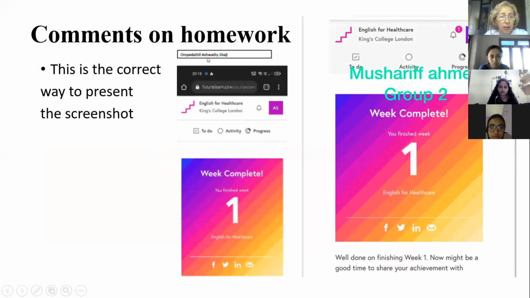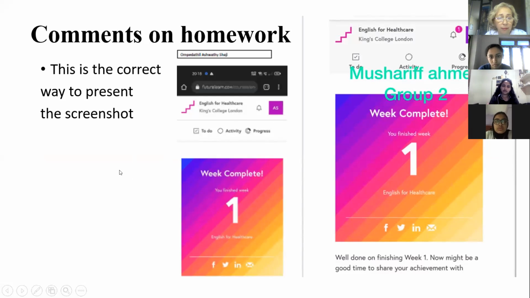So I shouldn't guess whose name these letters stand for. And this is also the correct way. I can see these letters MM and the name of the student, Masharif Ahmed. So this is the correct way of presenting the screenshot. Please be careful next time and do like this, so I can see that this is your screenshot.